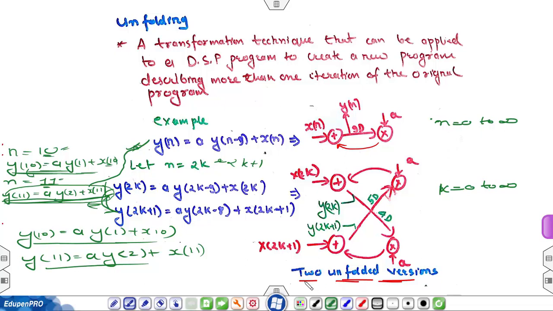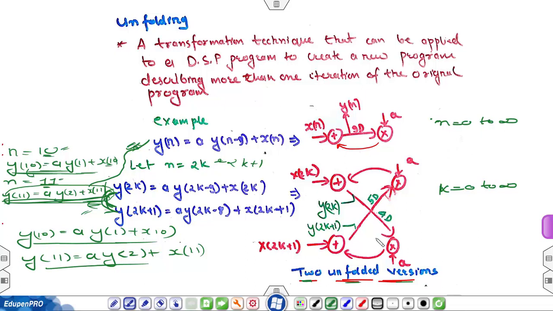So it is called a two-unfolded version because we have drawn it for two consecutive iterations of this program. The factor two comes from the number of consecutive equations that we are writing, and unfolded.